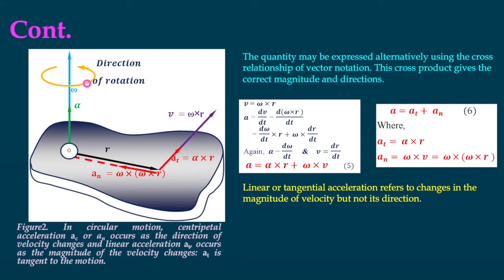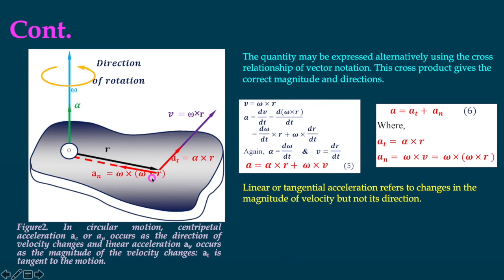This directional concept is true only when the rigid body is rotating about a fixed axis. If it is not a fixed axis, then this direction does not hold good, because in that case we are not getting the same direction of the tangential component and other components.